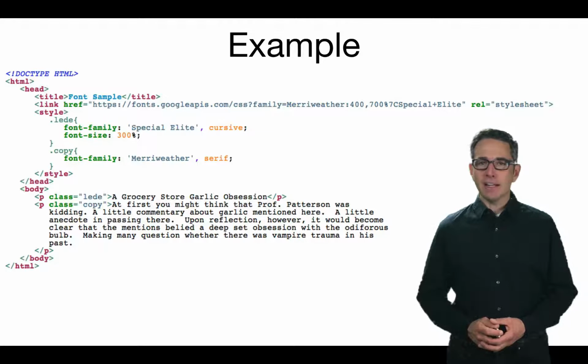Now, I kept it exactly as what Google gave me, except I made one change. Between the 700 and the word Special, Google gave me the link with a vertical bar in the middle of that. 99% of the time, that's going to be fine.